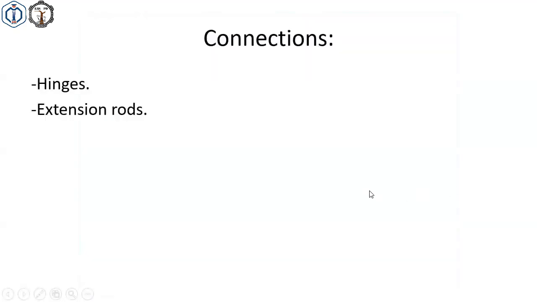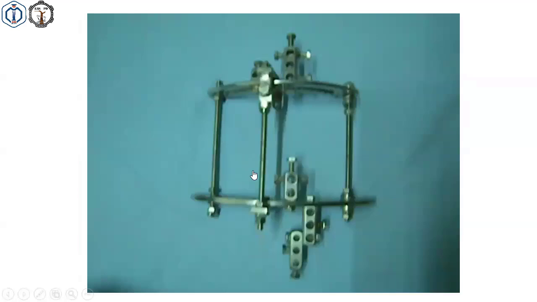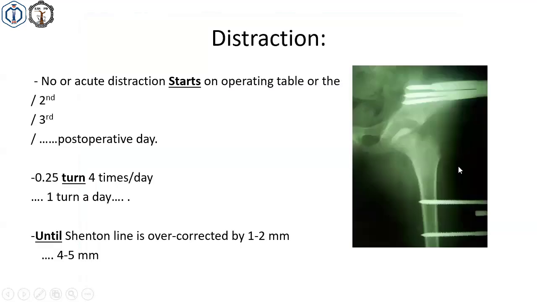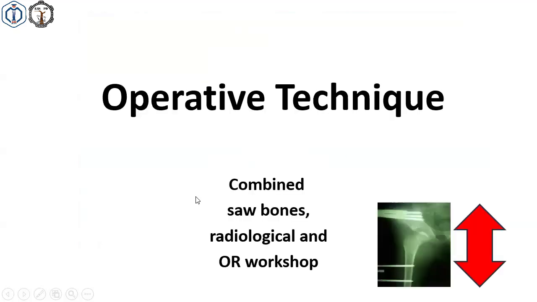In this configuration, there is no need for an extension rod, as we can use the hinge as an extension rod by application and tightening. This traction could be applied intraoperatively on the table to have 4 up to 5 millimeters of traction over correction of the Shenton line.